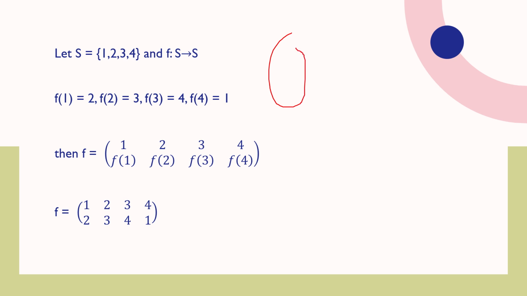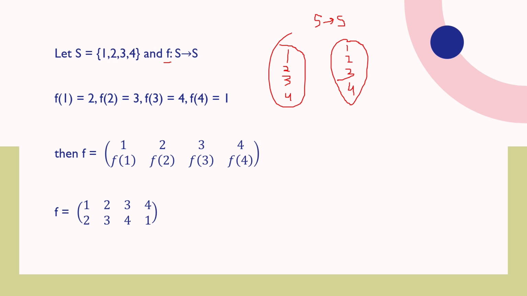So we have 1 2 3 4. This is one set. Don't mind the diagrams, I'm just trying to make you understand. This is S to S. Now, what is the function here?